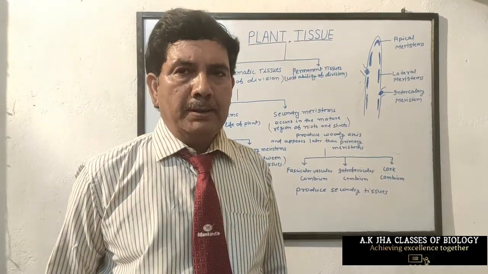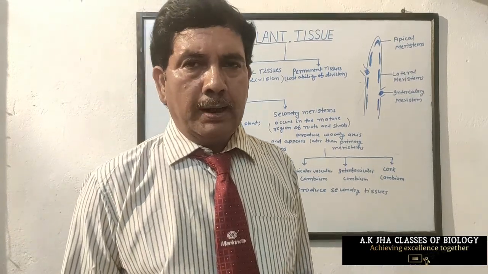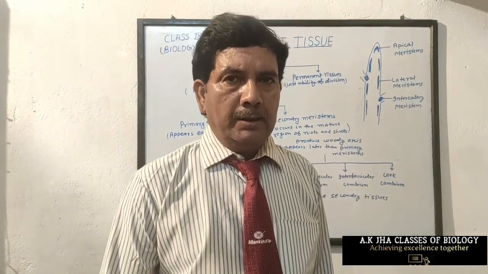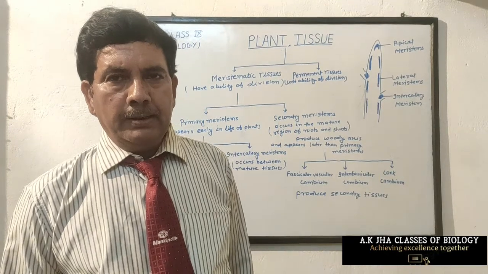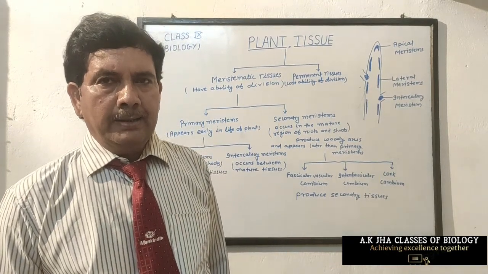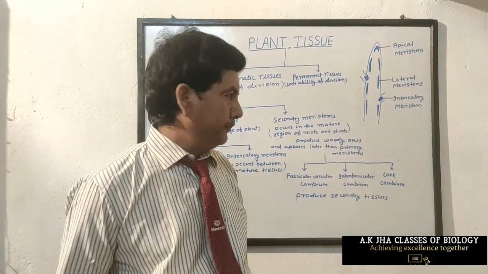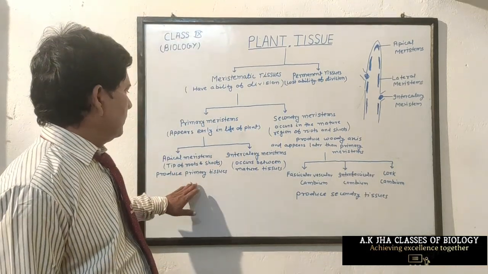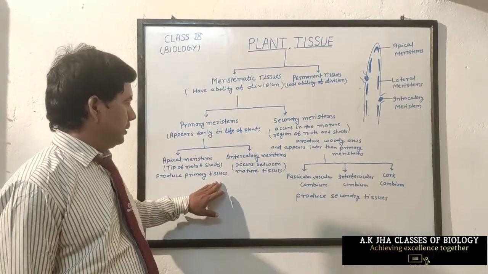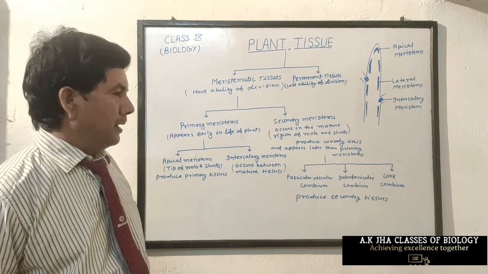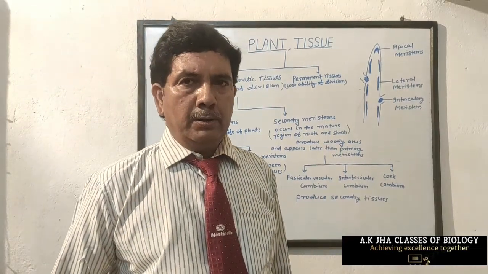Apical meristems are present on the tip of roots and shoots. They continuously divide and help in increasing the height, that is the length of stem and root, and they produce primary tissues. Intercalary meristems occur between the mature tissue.